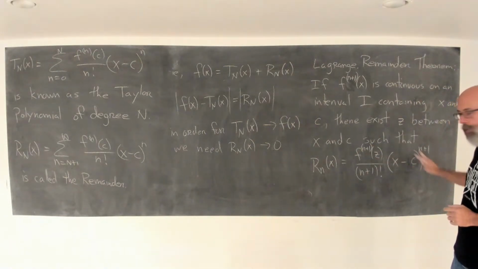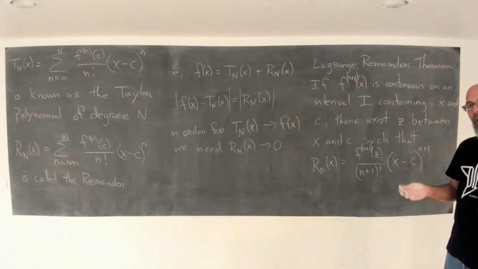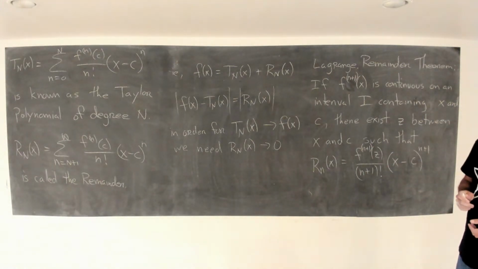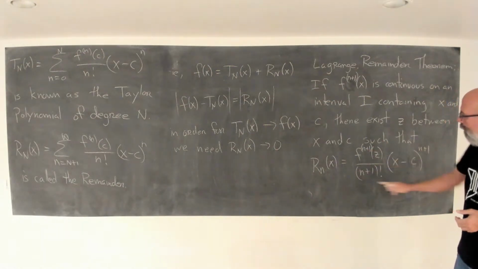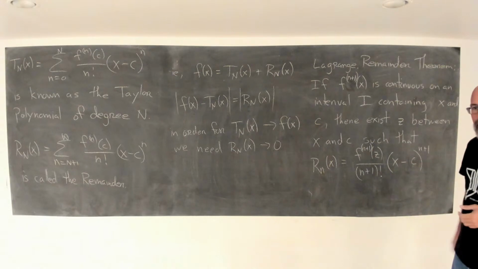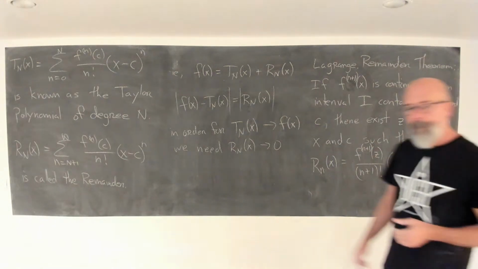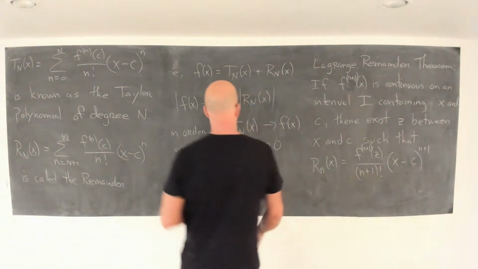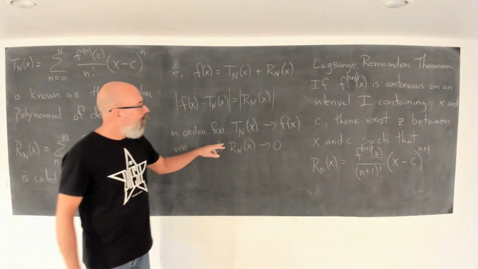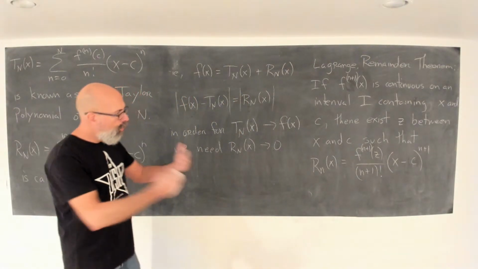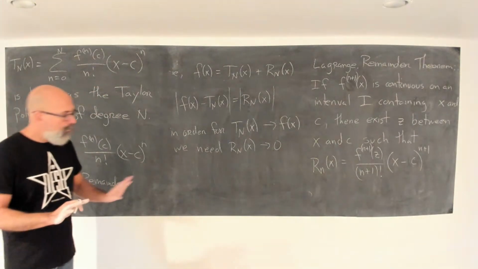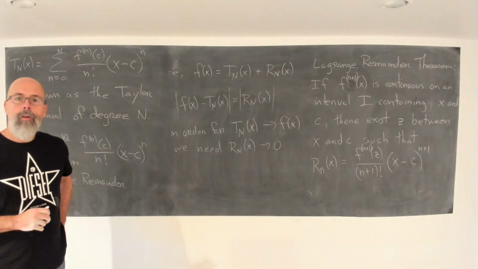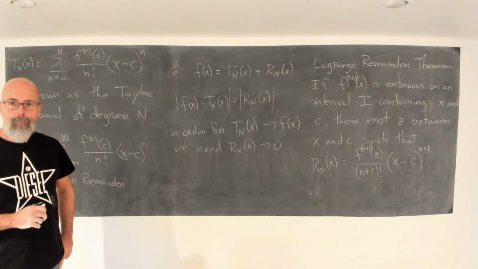This is going to go to 0 for almost all functions. There are very few functions for which this fails to go to 0. So even though Taylor series don't all converge to the original function, it's very rare that they don't.